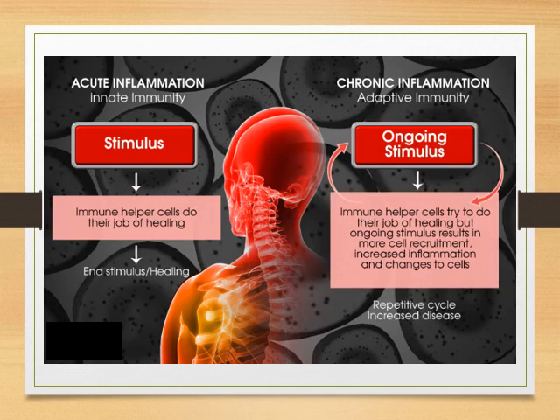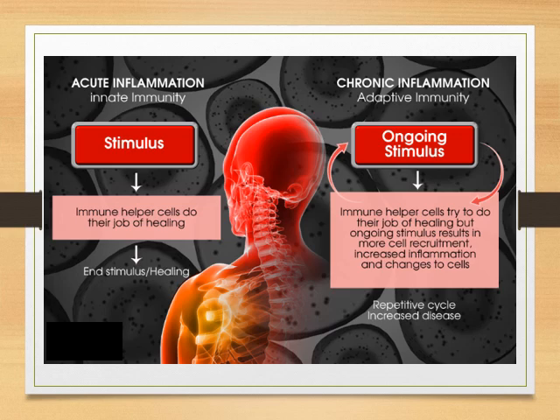Let's take pulpitis for example. Pulpitis is the inflammation of the pulp caused by caries, bacteria from caries entering the pulp chamber and causing the body to react to this bacteria in the form of inflammation.